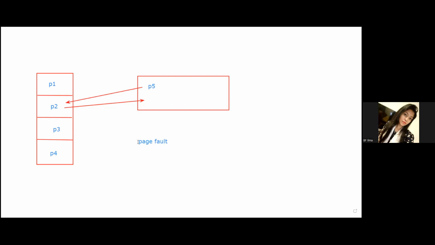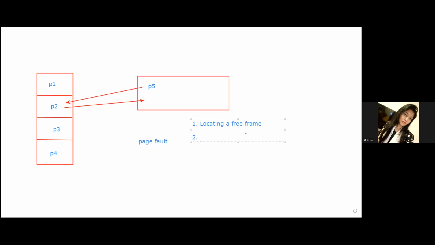Page faults are expensive because there are several steps in handling one. Number one is locating a free frame.